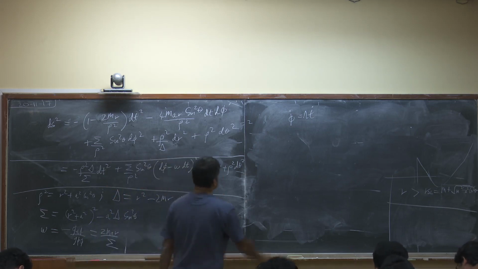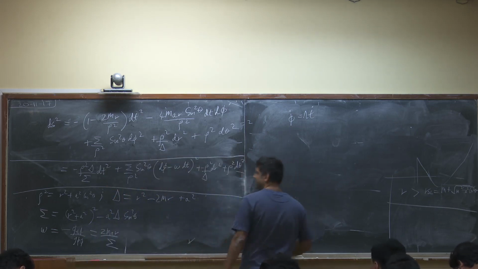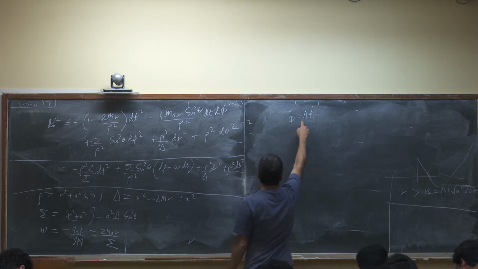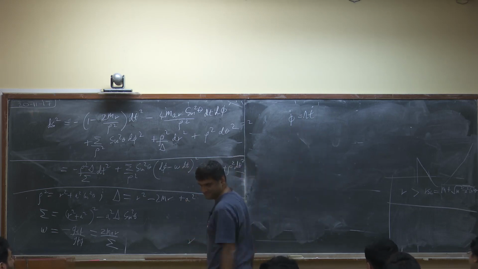We want to find the norm squared of this vector.